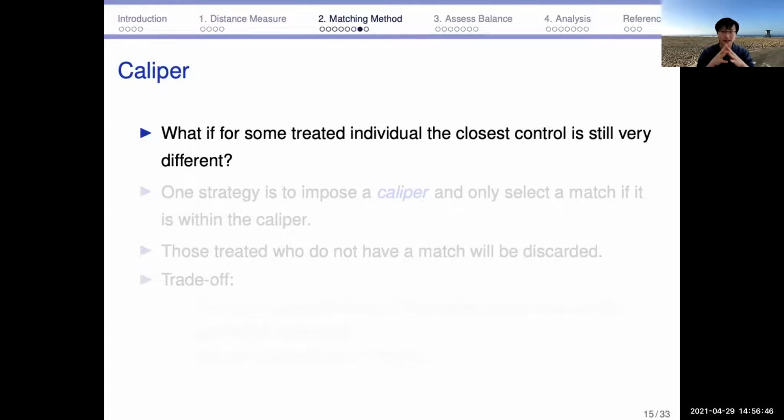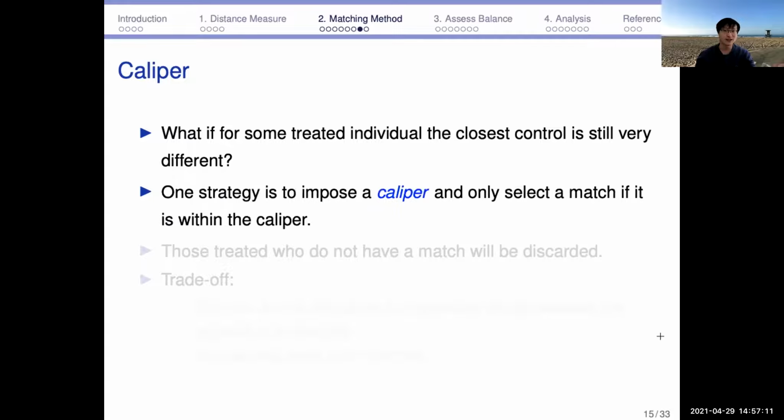If not, let's talk about the fourth consideration. We asked this question: what if for some treated individuals, the closest control is still very different? What do we do? Do we still find the control anyway, or do we do something else? Now, this is not a definitive answer, but on this slide, I'll provide you a strategy to do something else.